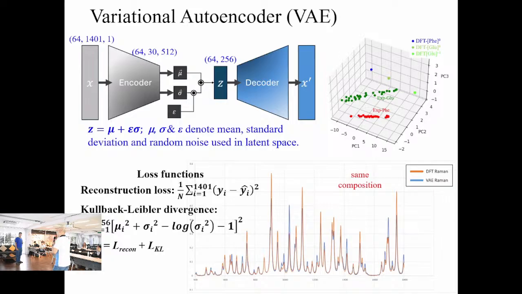But my point is, these three dots here are the original DFT spectrum. So you look at the relative distribution of the DFT spectrum and experimental spectrum. They are different.